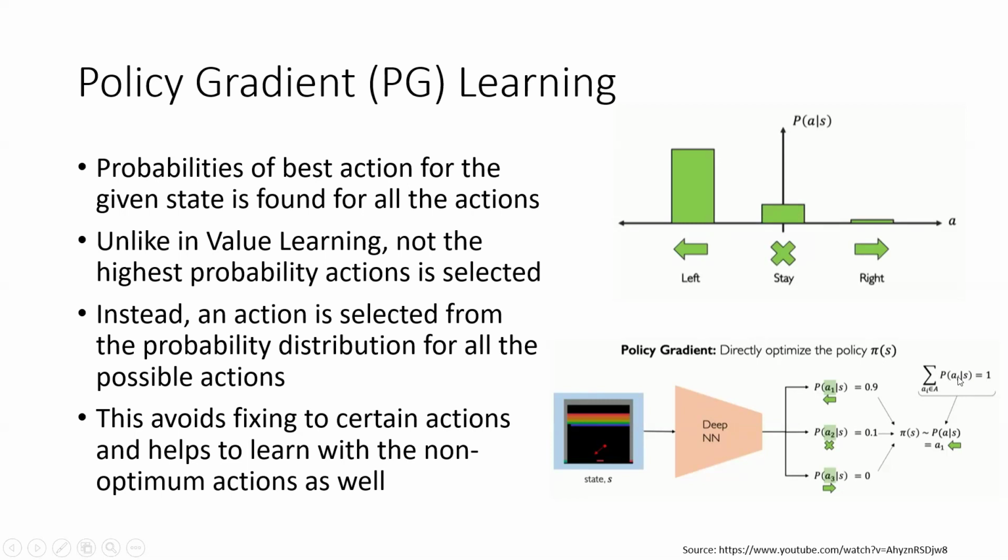So for all the actions, the probabilities should sum to 1. This policy function is a probability distribution, and you are taking a sample from it, and this is how we take decisions in policy gradient learning.